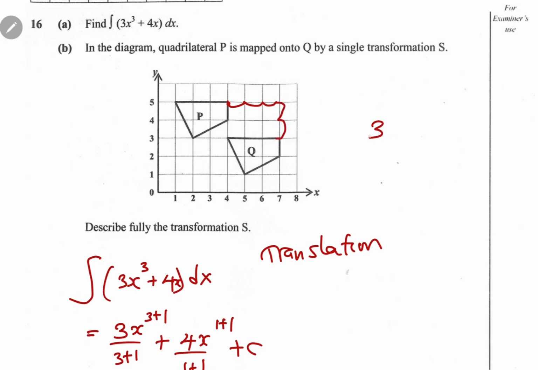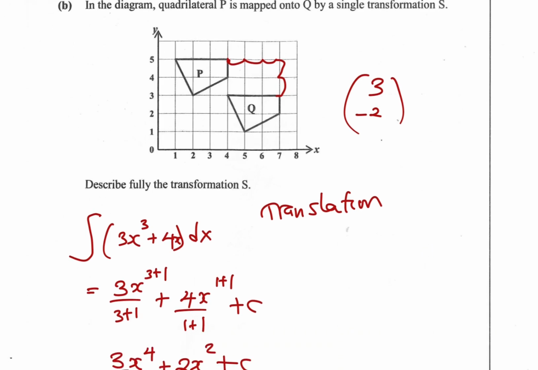That is 1, 2. So going down, that is negative 2. So the transformation that maps that onto this one is a translation with a vector 3, negative 2.